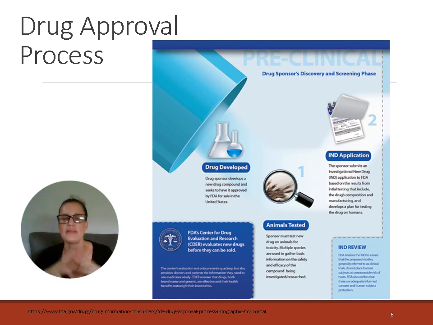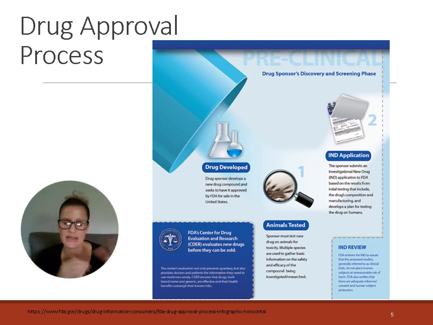Once they have something that they're pretty sure is going to do what they want it to do, then we first test it in animals. Usually starting with simple animals and then ultimately getting to animals that have physiology that's similar to ours. Once you see that the drug is safe in the animal and it does what you are expecting it to do in the animal, then you submit an IND.